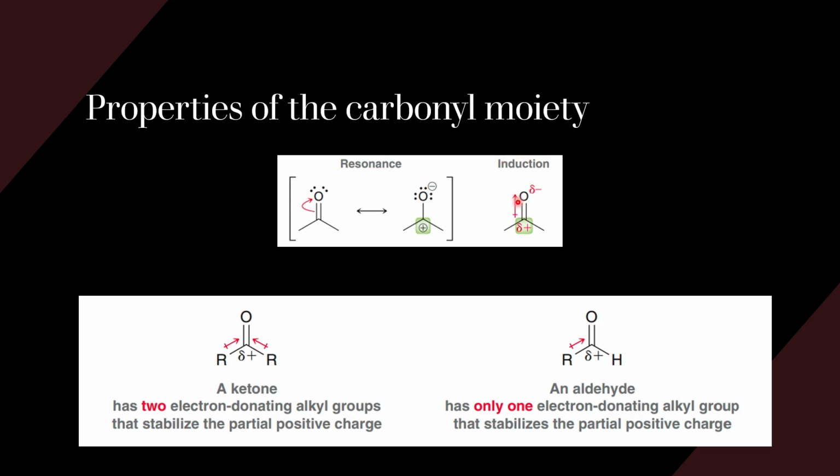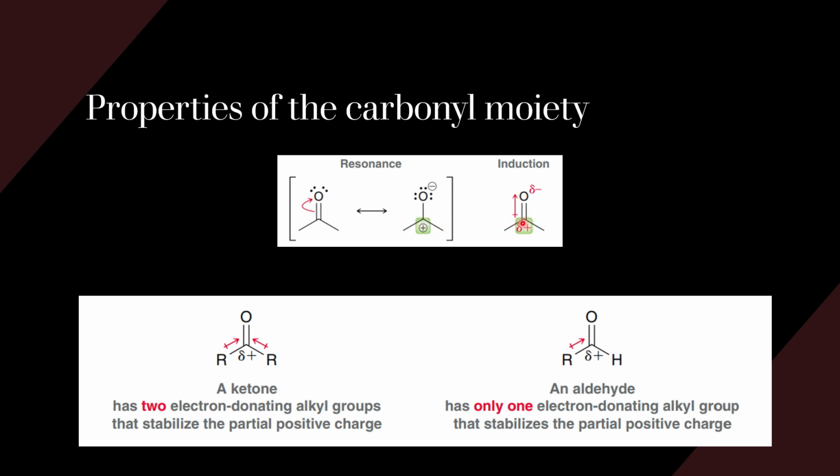And when we look at the inductive effect, we can see that the flow of electron density through the sigma bonds clearly is moving towards the oxygen, okay, just due to electronegativity. So this partial positive character on this carbon indicates that it's a very reactive position, and in particular, it can be attacked at this position.